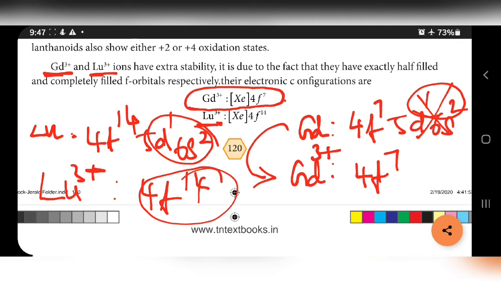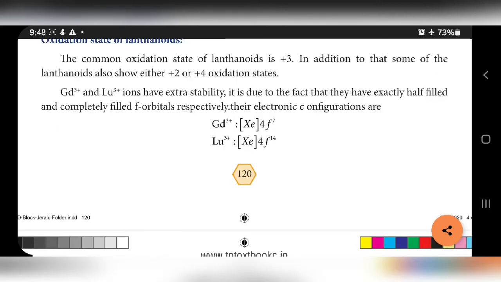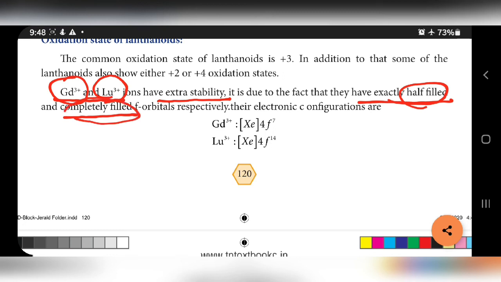So this is half filled and this is completely filled, so both are stable. Gadolinium 3+ and lutetium 3+ both have extra stability because of their exactly half filled and completely filled electronic configurations.